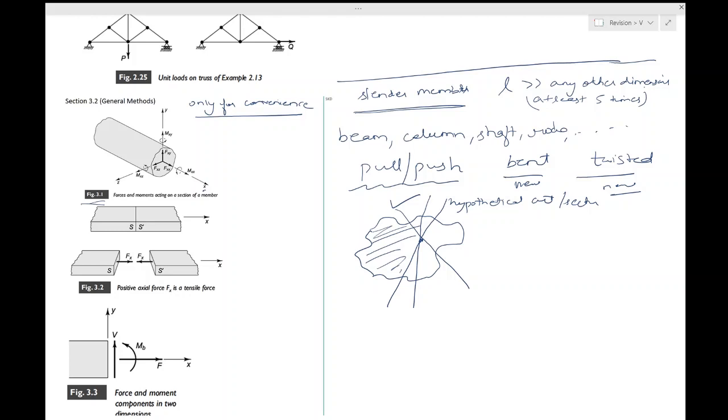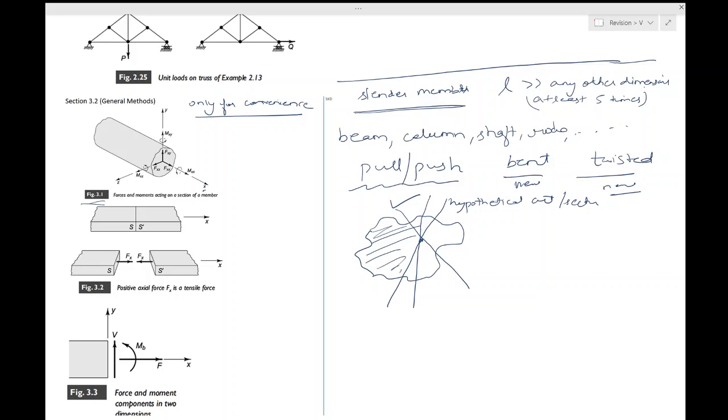So you know now the y and z axes lie in the plane of the cross section. The choice of their particular orientation within the cross section usually is governed by the shape of the section or by the direction of the transverse loading being carried by the member. So normally you have a plane which has hypothetically cut it perpendicularly.